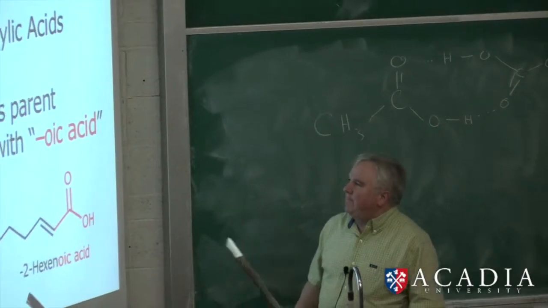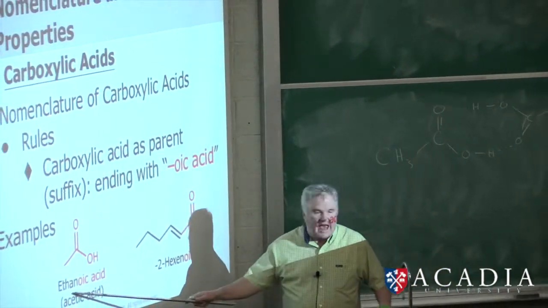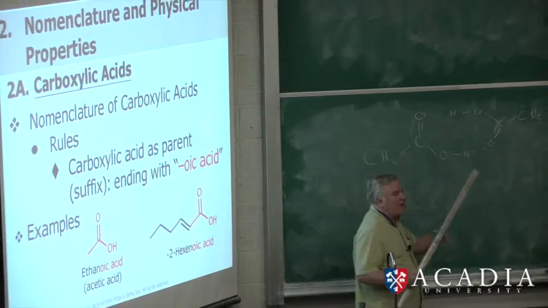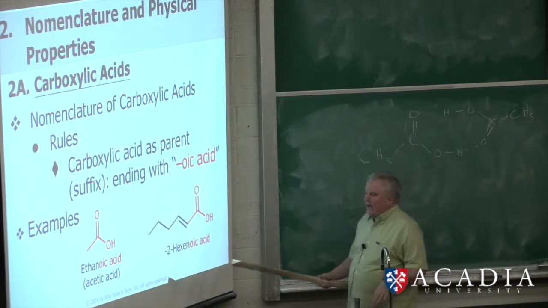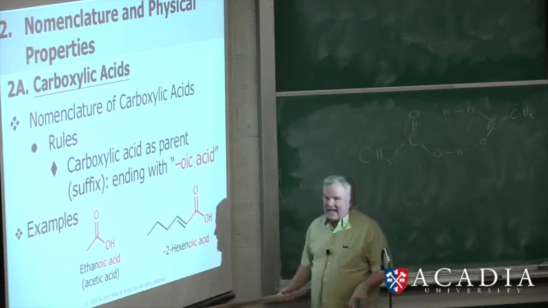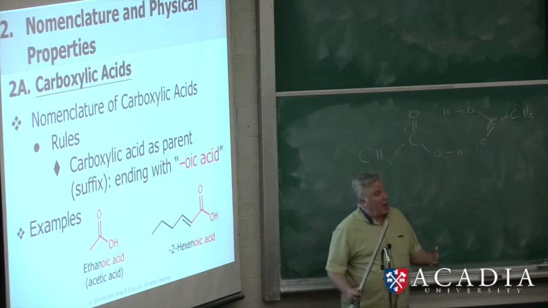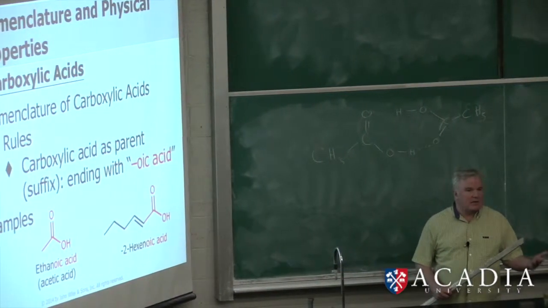Okay, so they're high boiling because they're both hydrogen bond donors and hydrogen bond acceptors. We name them as oic acids. So for instance, this is ethanoic acid. We can have pentanoic acid. So we just put the oic acid at the end. We replace the E for ethane with oic acid. You will find a lot of common names persist in carboxylic acids.